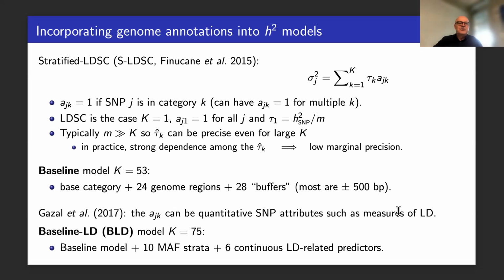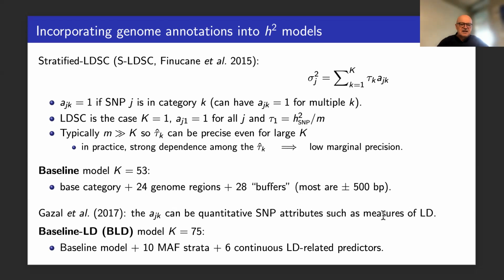So that was what they originally called LDSC or stratified LDSC, which basically just meant putting in a lot of binary predictors into the model, where the binary terms were whether or not a SNP was in a certain genome class, like coding SNPs, intronic SNPs, all kinds of other things. I'll show you the functional categories they used in a subsequent slide.